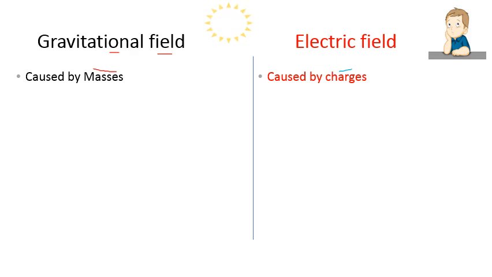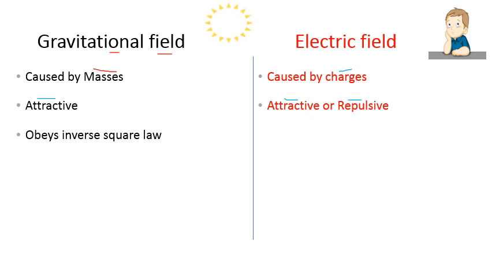Next, in the gravitational field, the force is there and that force is an attractive force. While in the electric field, the force is attractive or repulsive. Next, in the gravitational field, it obeys the inverse square law. While in the electric field also, it obeys the inverse square law.